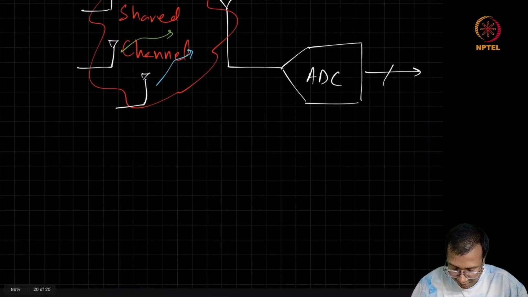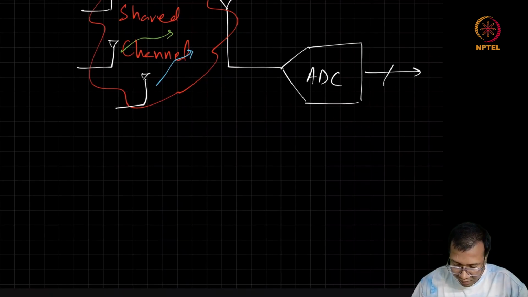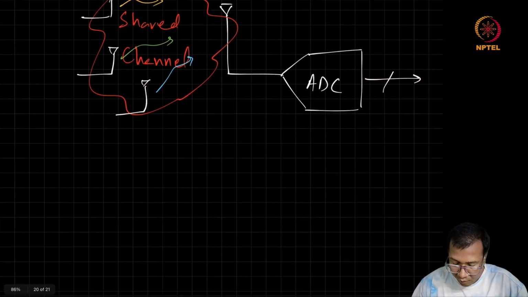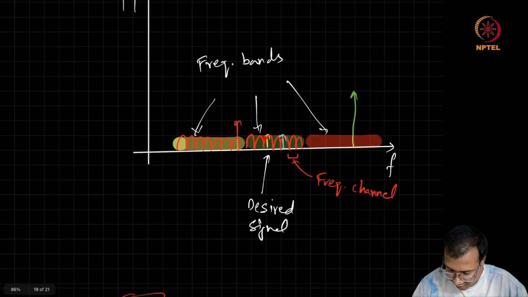But if you look into the ADC design, you will find that this requires the ADC to have very high dynamic range. Dynamic range means it should be able to digitize a very weak signal while also processing a very strong signal.